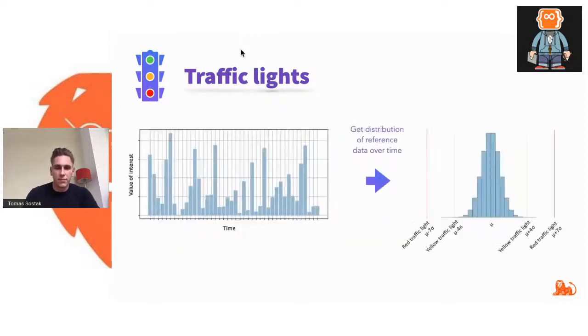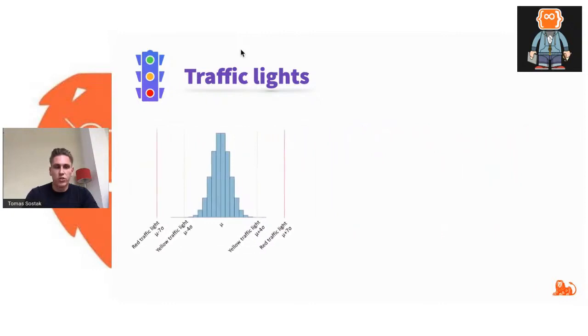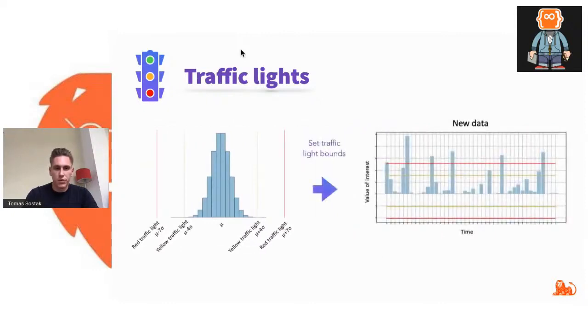If we take this as reference data, we can compute the mean value and standard deviation of this distribution, and apply this to the newly incoming data. So once again, by computing the z standard score, we can apply these traffic light bounds and see what is outlying on the new unseen test data.